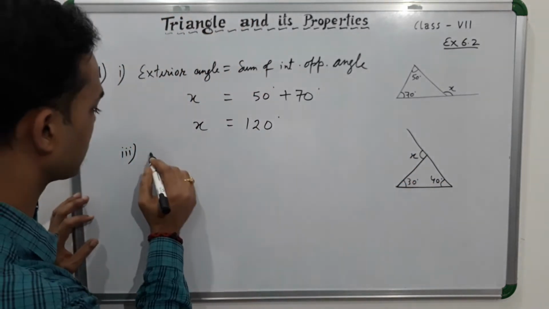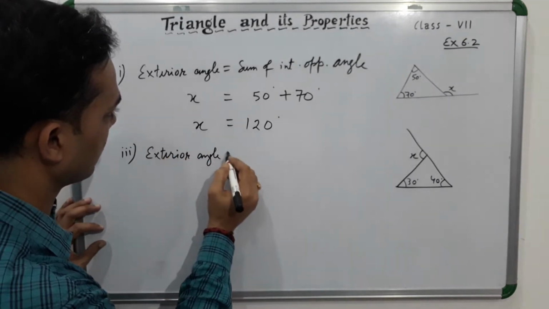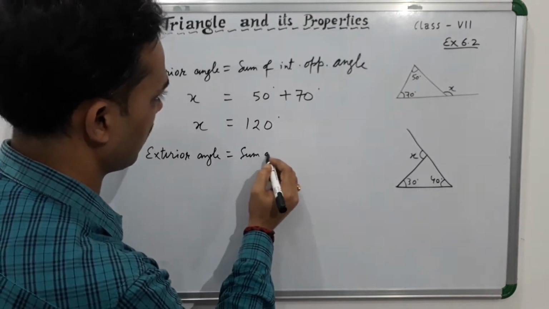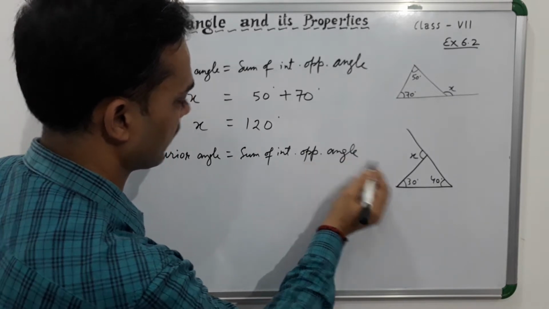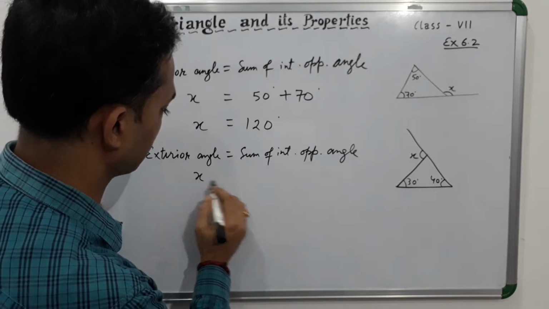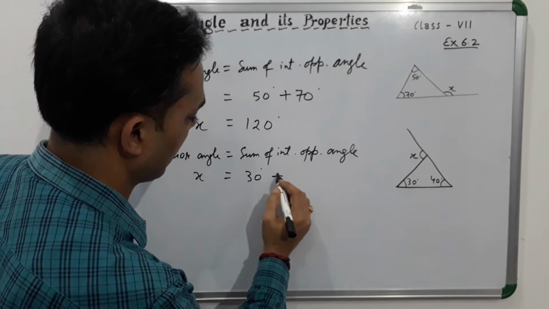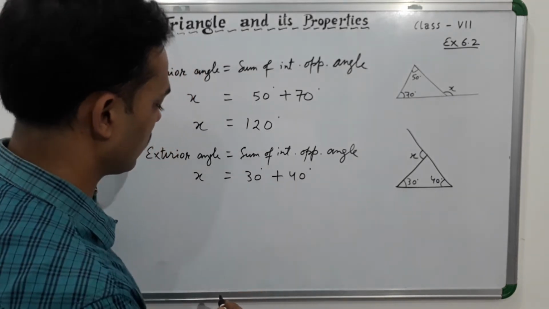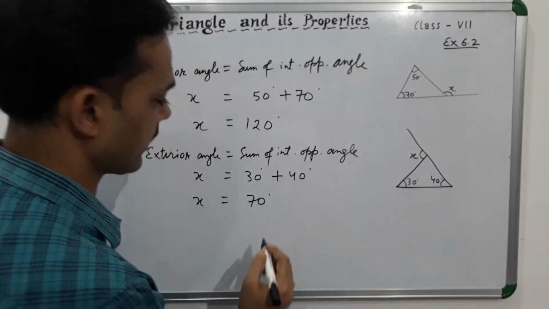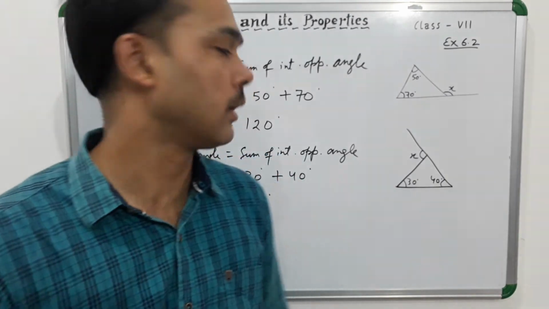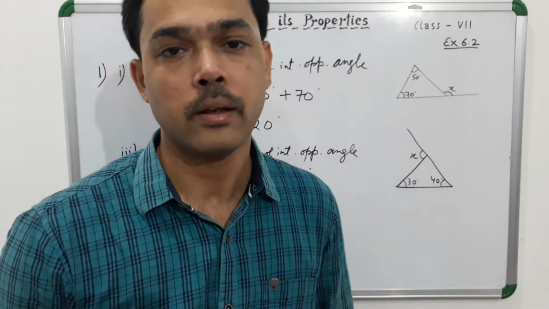So you will write: exterior angle equals sum of interior opposite angles. The exterior angle is x equals, and the interior opposite angles are 30 degree and 40 degree. 30 plus 40 is 70 degree. In this way you find the value of x, the exterior angle, as 70 degree.